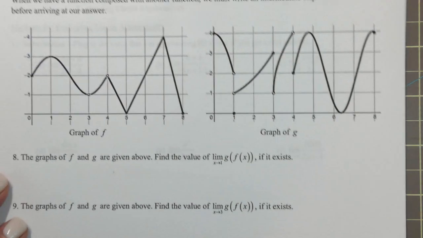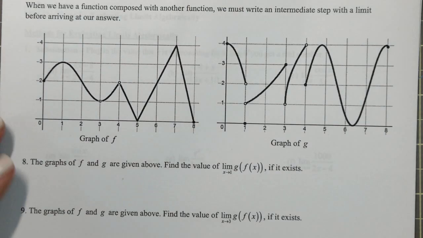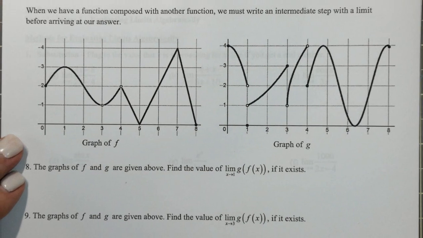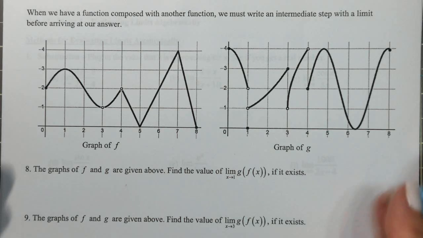Alrighty. Okay. Now for probably, you guys, probably the toughest concept in this whole unit. Okay? I think it is. When we have a function composed with another function, not being multiplied, not being subtracted, added, divided, but composed with another function, we have to write an intermediate step with a limit before we get to our final answer, okay?